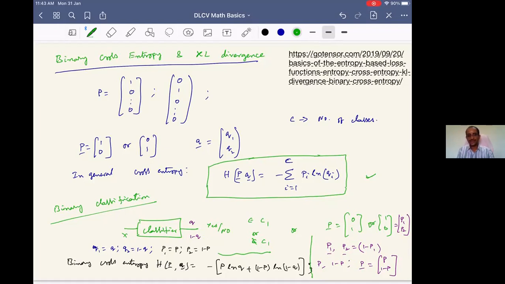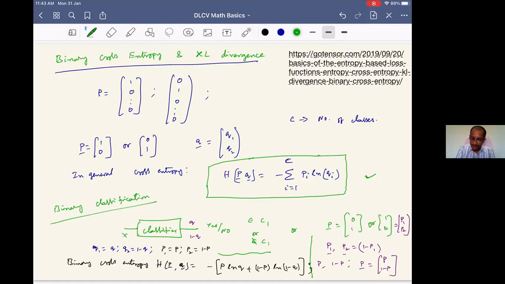So finally only one term remains. Even if I expand this with a binary label, where only one class can occur, all other class probabilities become 0. In such a case, this expansion will have only a single term corresponding to that class probability, minus ln of it.